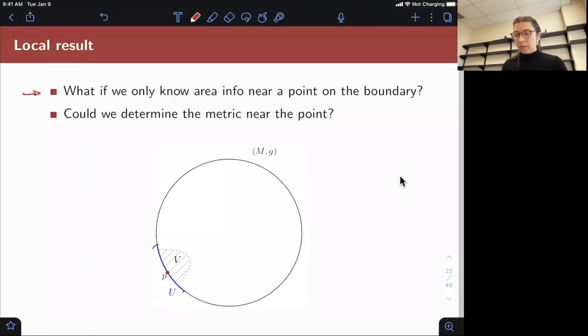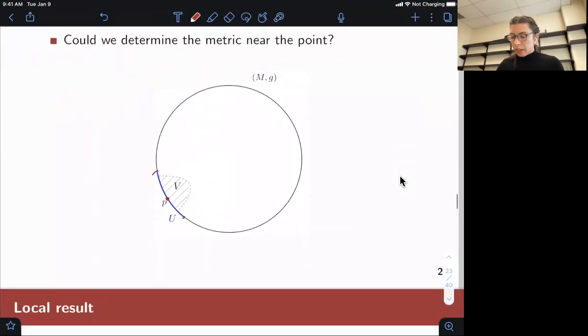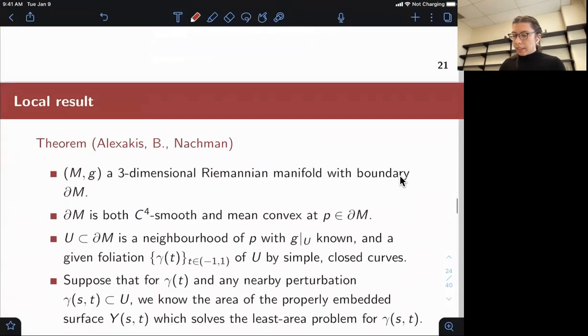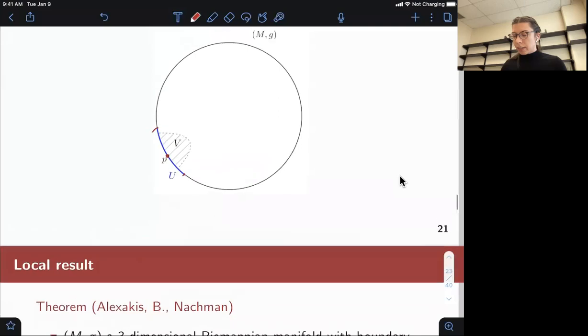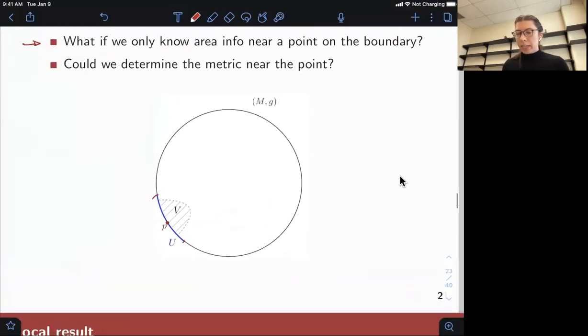Could I then determine the metric at a nearby point, let's say somewhere in this region B? And the answer is yes, for a very simple reason: this neighborhood V, you can think of as a thin, straight thin manifold.